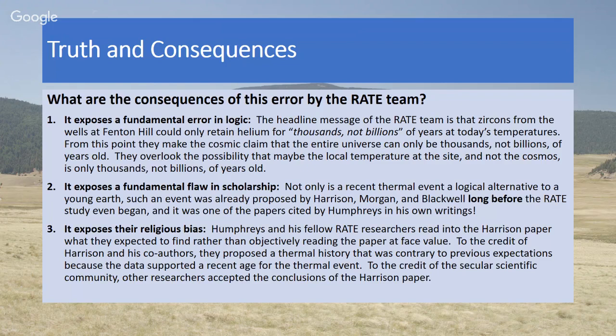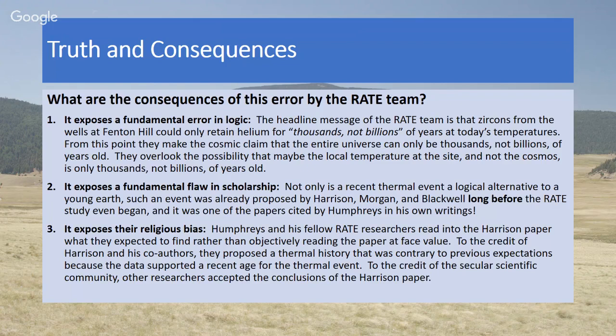So their headline message is that the zircons could only retain their helium for thousands and not billions of years at today's temperatures. And then they extrapolate that if that's the case, then the entire universe can only be thousands and not billions of years old. But there's another possibility.